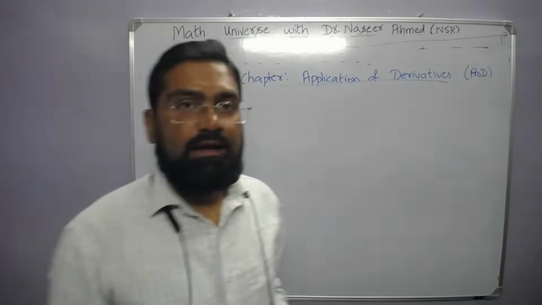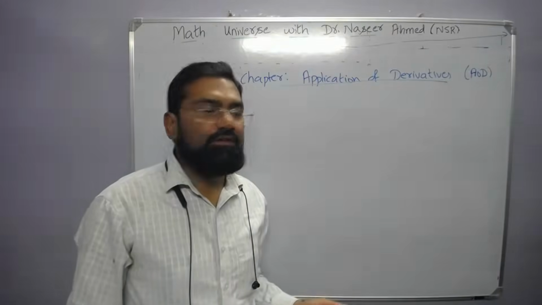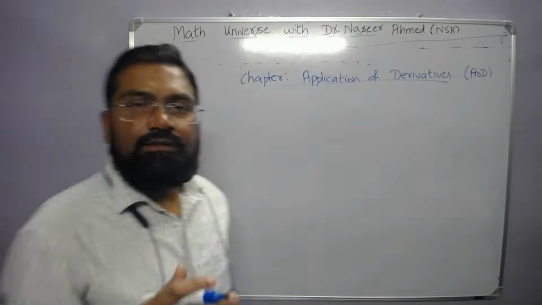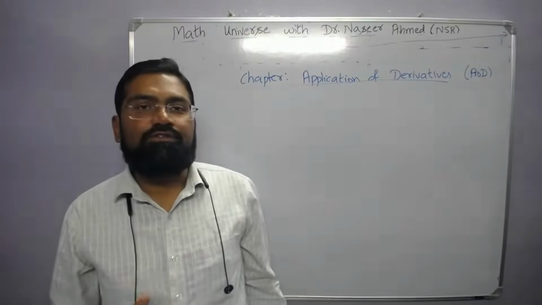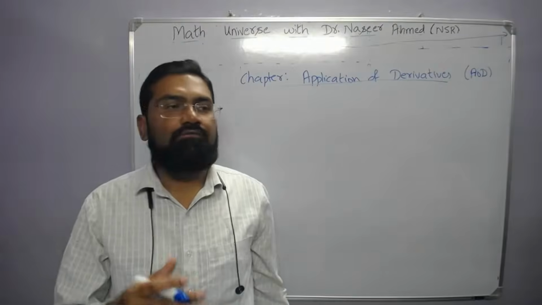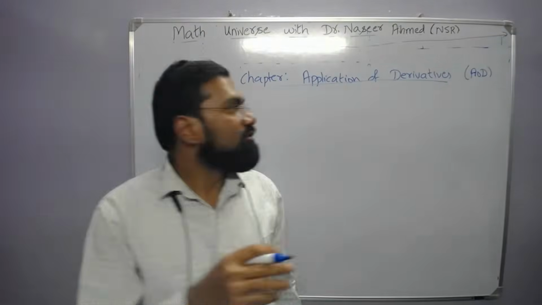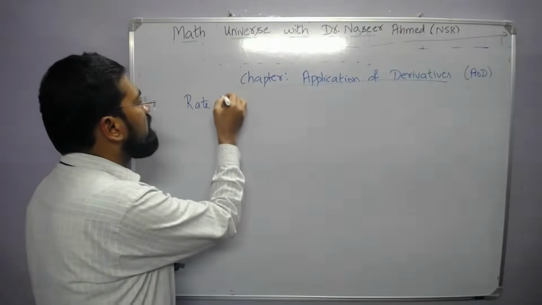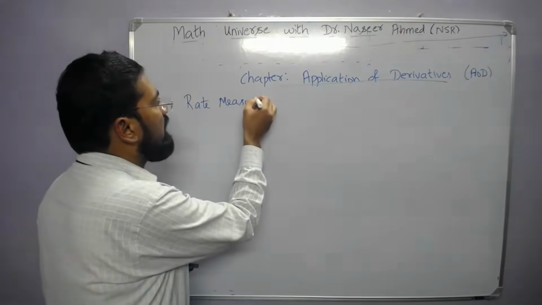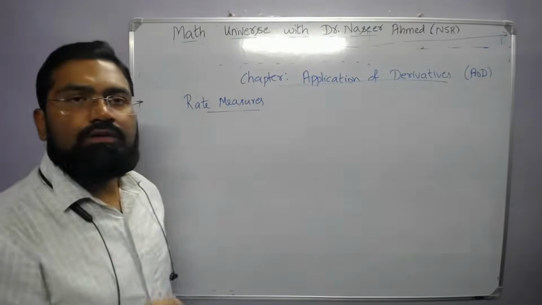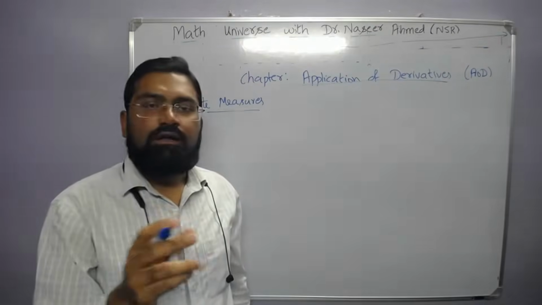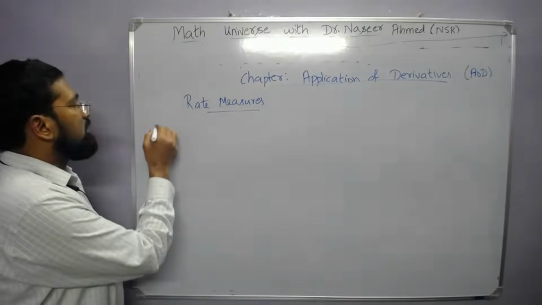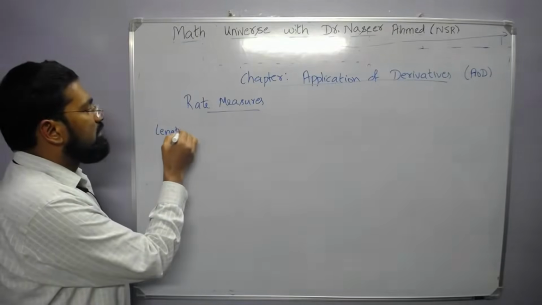We are going to start with the first concept, rate measures, from application of derivatives. In word problems, I have seen students struggling with what the data actually stands for. So coming to rate of change of quantity, I'll give you a very easy way to differentiate whether it is a length, volume, or area. If I talk about length, what are the different units?